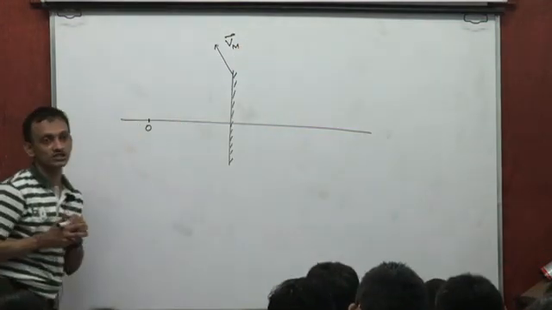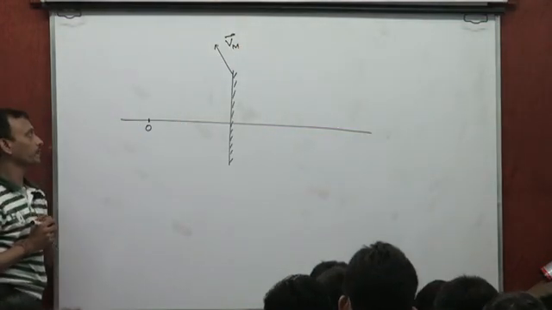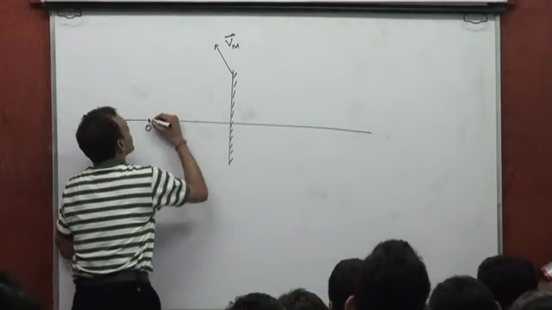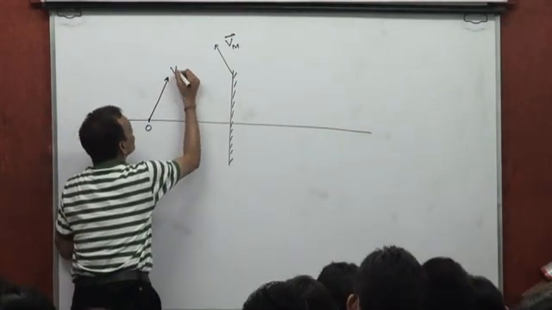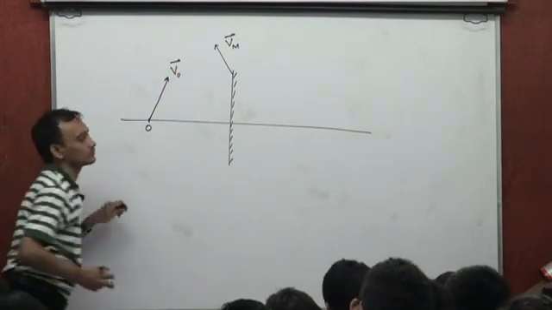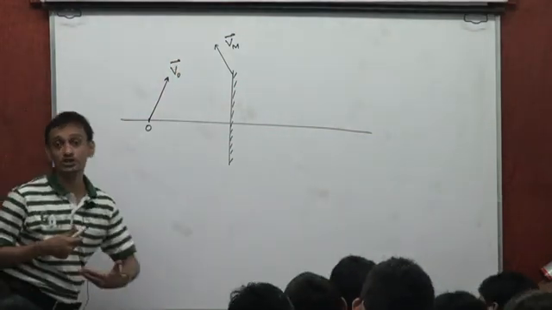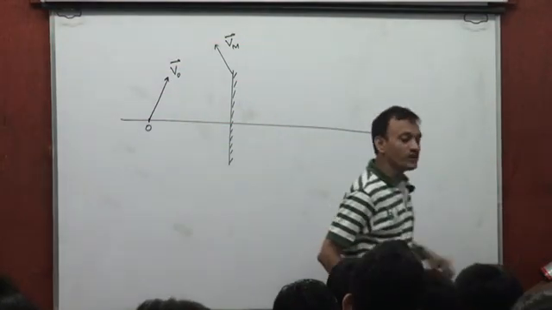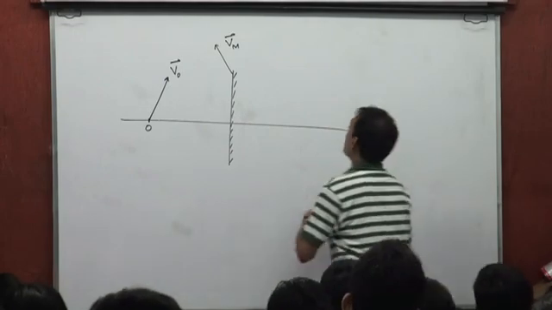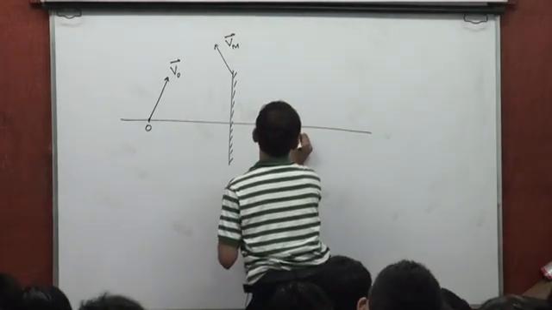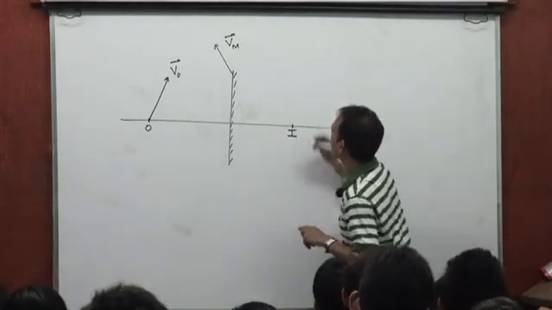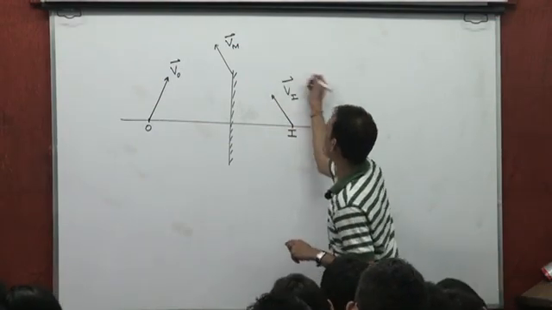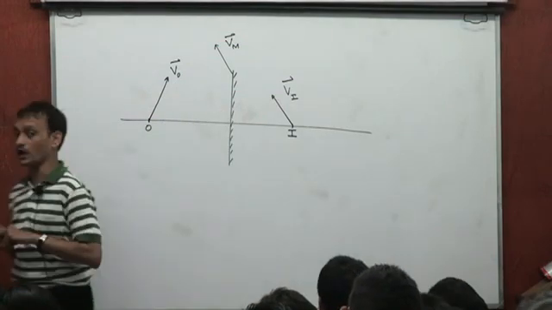The object in general has a velocity V0. Now we have to deal with the velocity of the image. The image, let's say, has a vector velocity Vi.